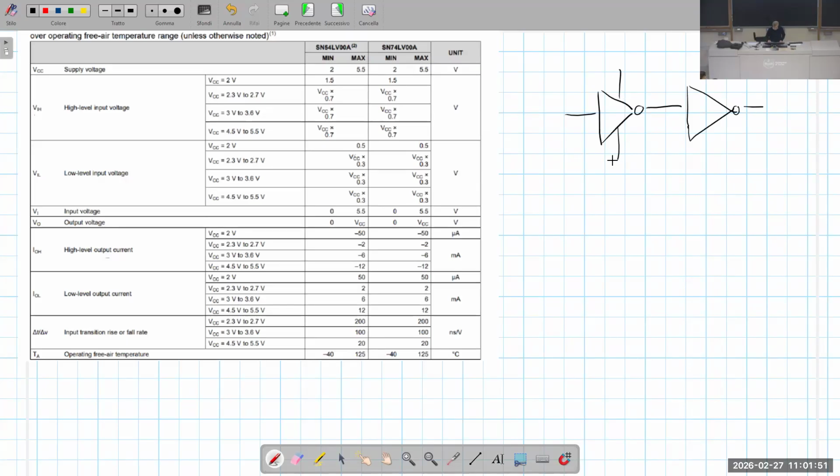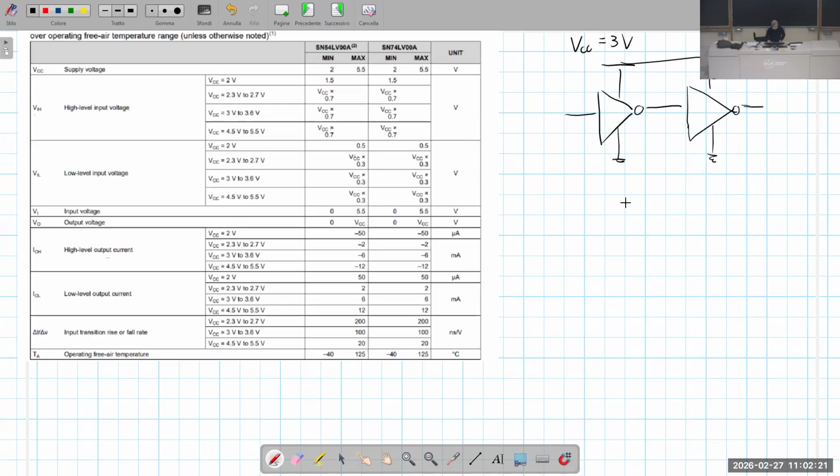Let's suppose that the gate number 1 is operated at a supply voltage VCC equal to 3 volt, and the same is true for the second gate. We want to see if we can connect these two gates together and the two gates can successfully exchange digital information. What should we check?